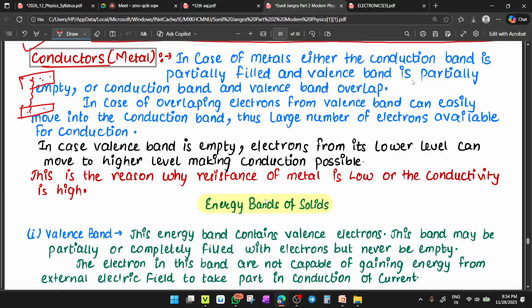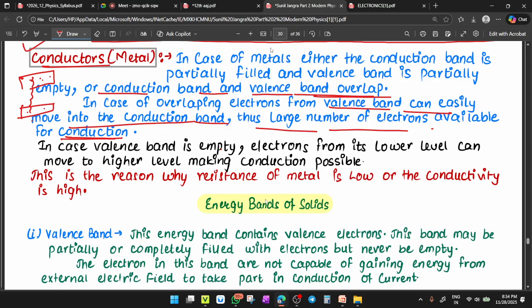So both bands are partially filled or partially empty, or the conduction band and valence band overlap each other. In case of overlapping, the electrons from the valence band can easily move into the conduction band. Thus, a large number of electrons are available for conduction.